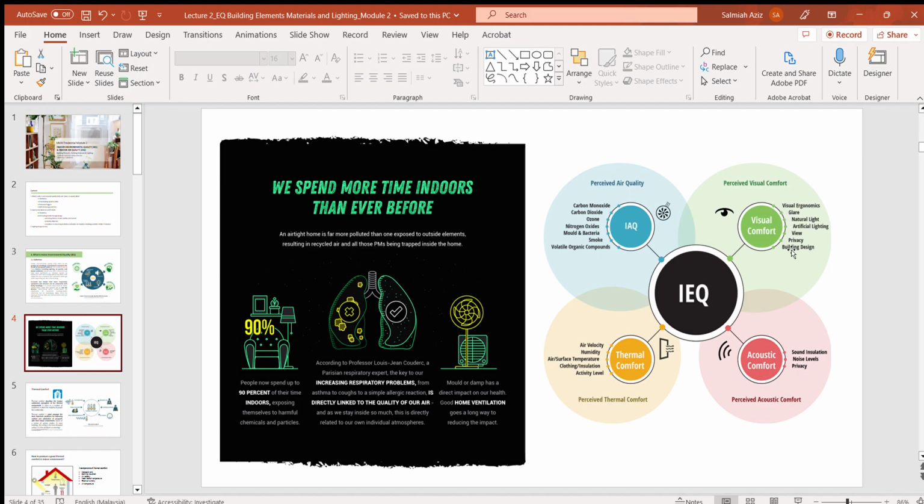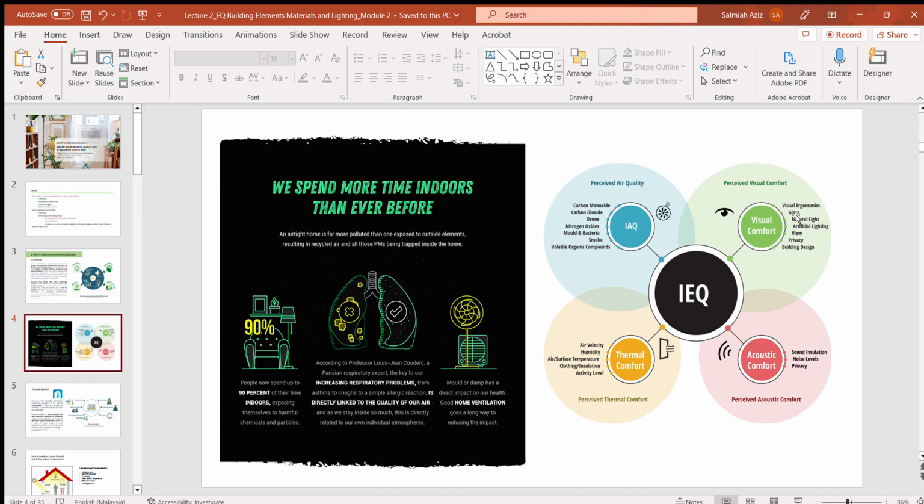Next, visual comfort. There are criteria that you should check to achieve visual comfort for the user or occupants: visual ergonomics, glare, natural light, artificial lighting, view, privacy, and biophilic design. All of these elements I mentioned are very important to achieve visual comfort.